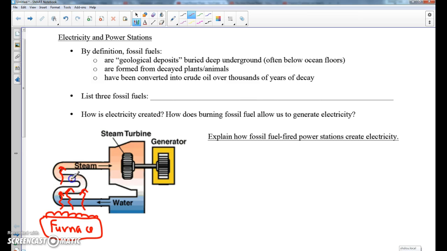They heat that water and turn it into steam. Here's the steam. Then that fast-moving, high-pressure steam comes rushing out toward the low-pressure point. Here's the low pressure. So it rushes out, runs across these blades, turns the steam turbine, and then comes back down, where it condenses and becomes water again.